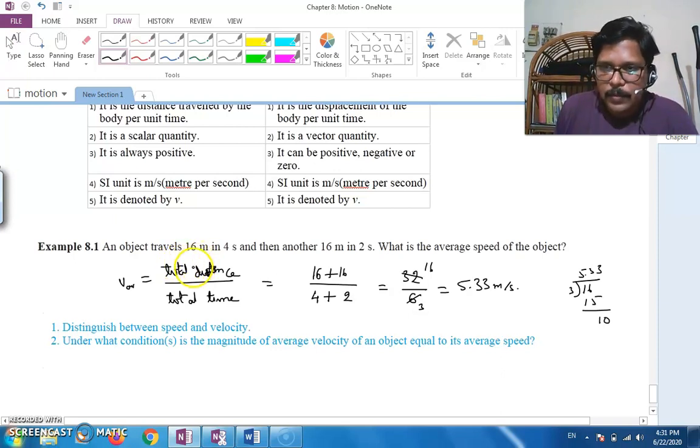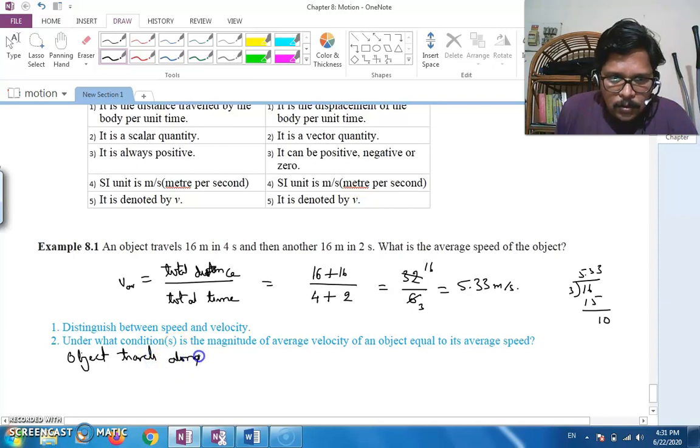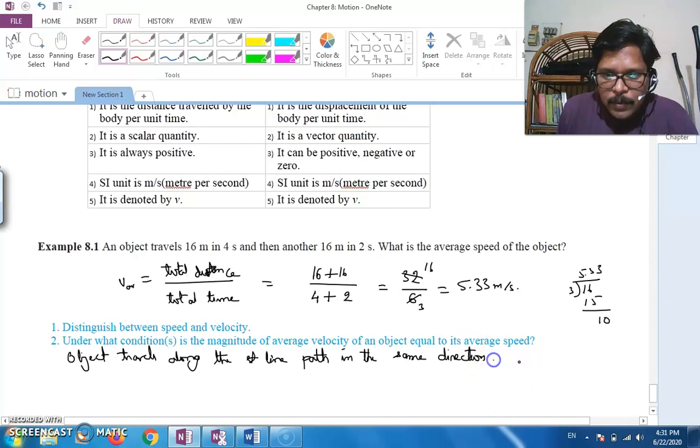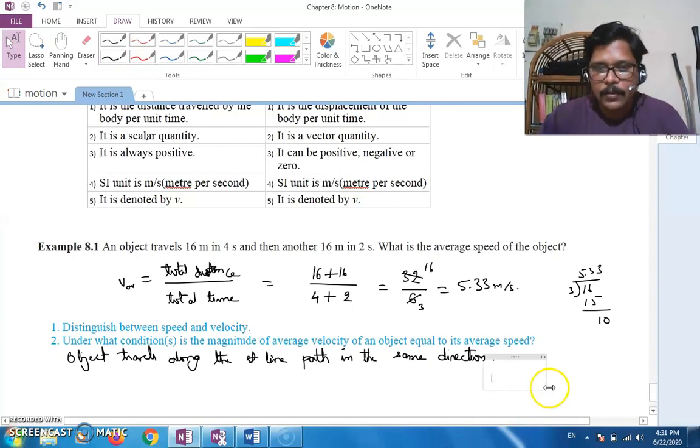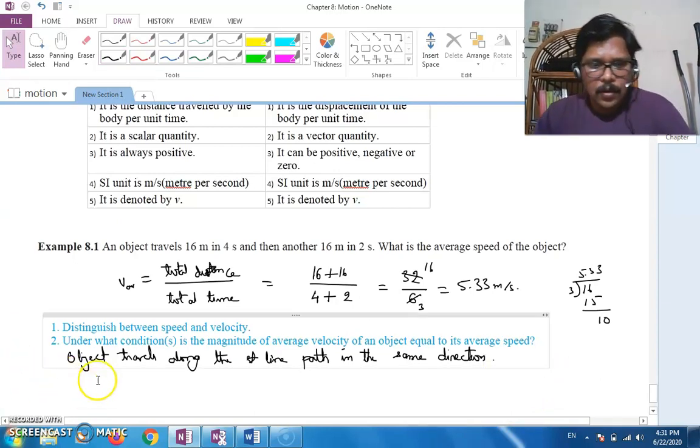That means an object should be traveling in a straight path along the same direction. In such a case, distance and displacement are same, and then velocity and speed are also the same.